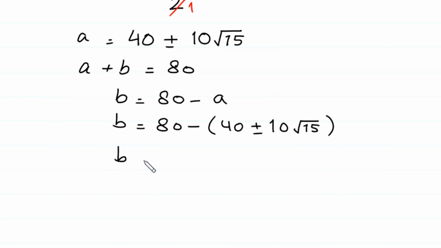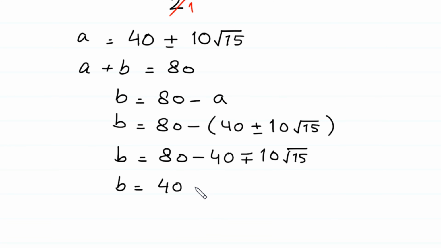Next, b is equal to 80 minus 40. This plus minus becomes minus plus due to this minus, 10 times square root of 15. Next, b is equal to 80 minus 40, 40 minus plus 10 times square root of 15.